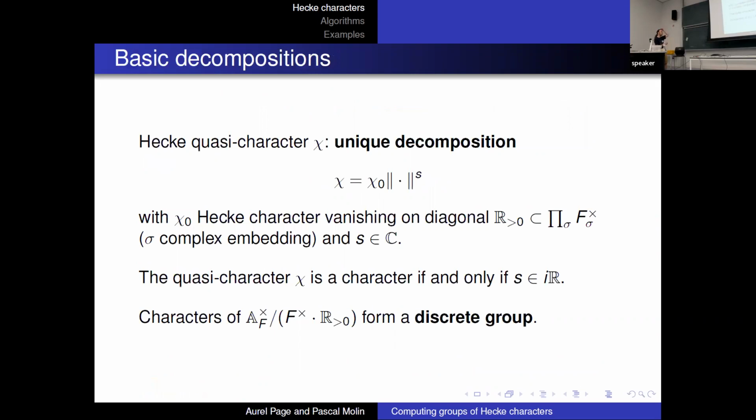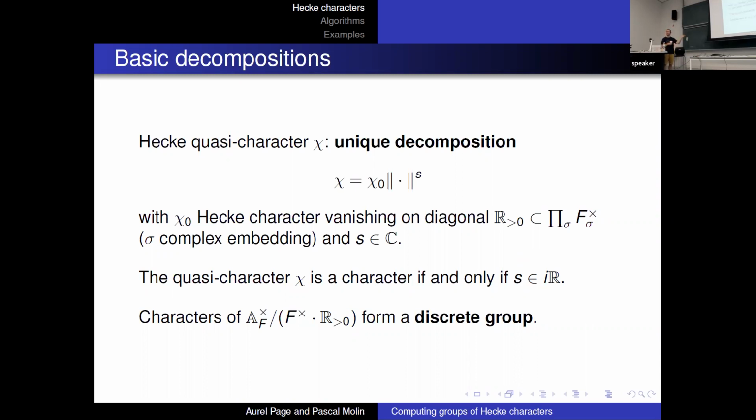Okay, so first, one basic decomposition of the group of Hecke quasi-characters. You can always decompose them as some actual Hecke characters, so values of absolute value 1, that vanish on the diagonal reals embedded in all the real and complex completions of F, times some complex power of the norm.